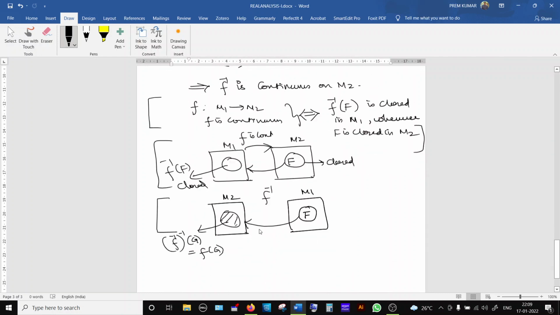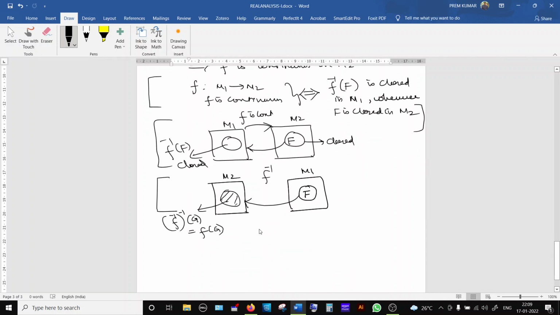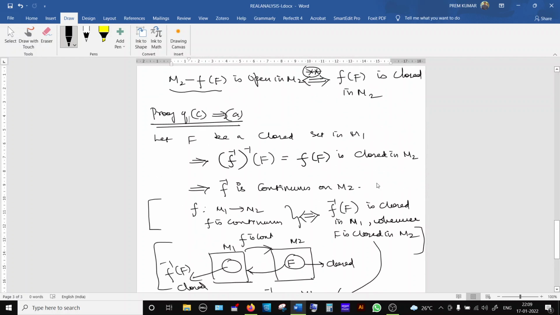It is the same theorem only, but we applied it for the function f inverse. So you can put a star for this result and put it here, or simply use some other symbol.